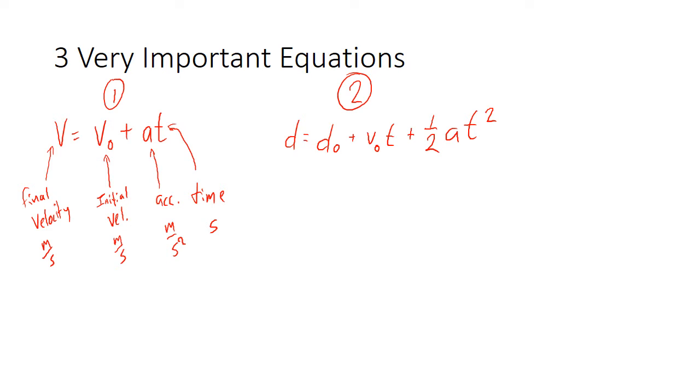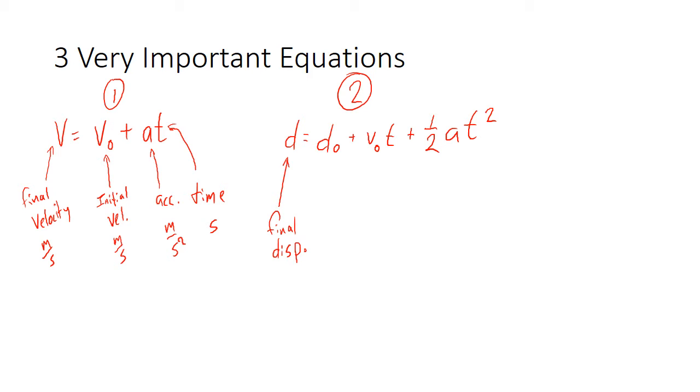So d stands for your final distance or displacement. We'll write displacement, but very often we're going to be throwing those terms around willy-nilly, and you'll get used to it, and we pretty much mean displacement, but we'll say distance.